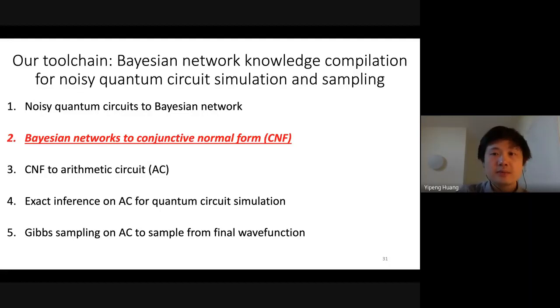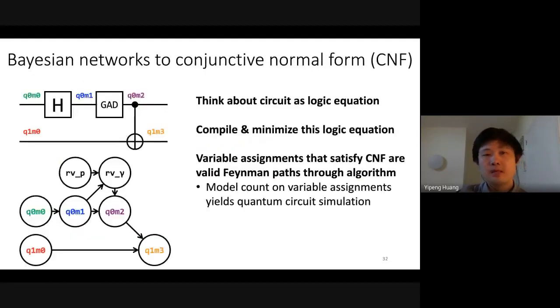And so the first step is we're going to convert those Bayesian networks into logic equations, okay? And the motivation for this is more general than actually what we're trying to do, right? In computer science, there are a lot of different disparate fields of research where basically we've taken these problems and converted them into satisfiability problems.